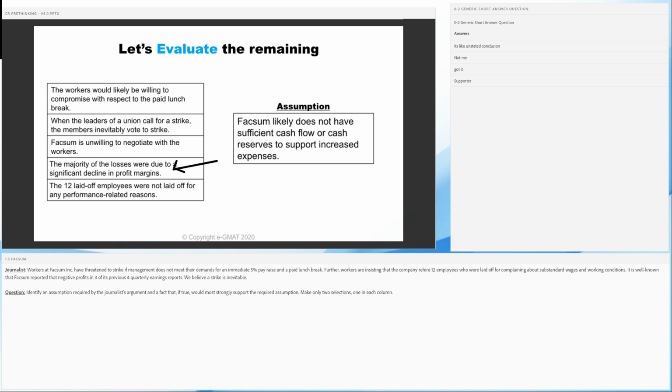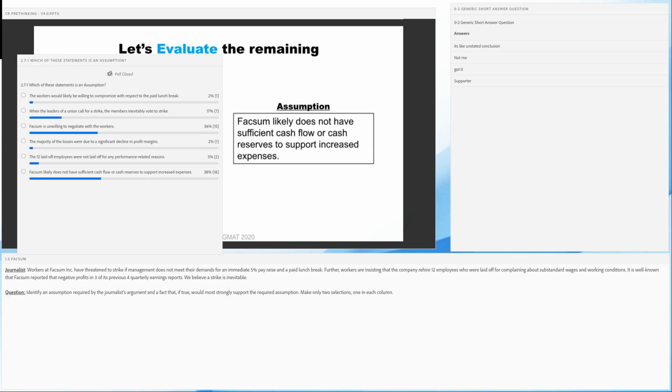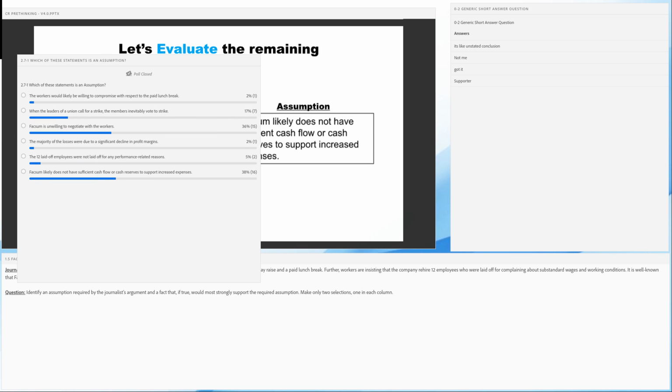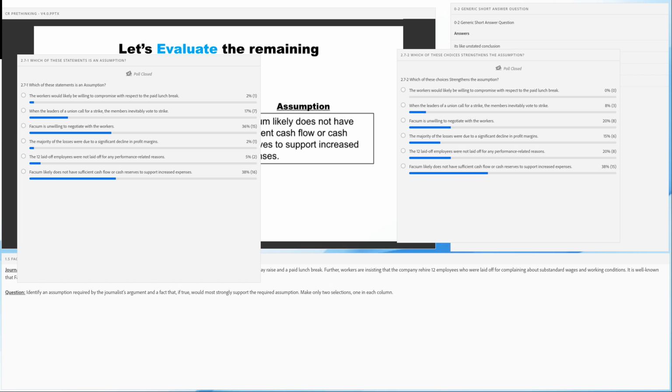Okay. I'm going to share your responses to the polls here. The first one had about 38% of you get it correct. And let's look at the second one. 15% of you got the second one correct.